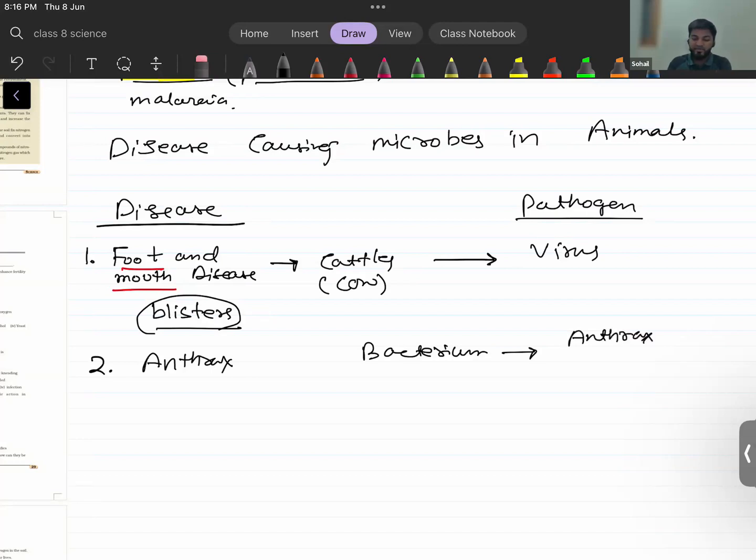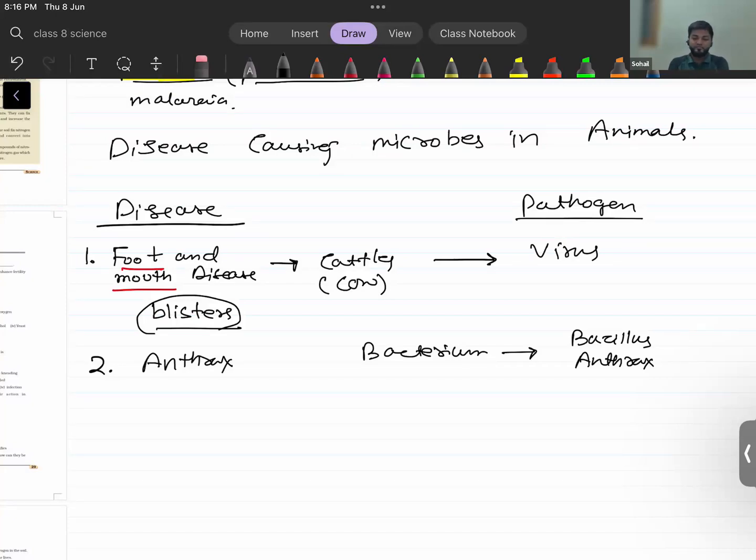It is Bacillus anthracis. If possible, remember the name of the bacteria responsible for anthrax in animals. That will fetch you more marks in the examination.